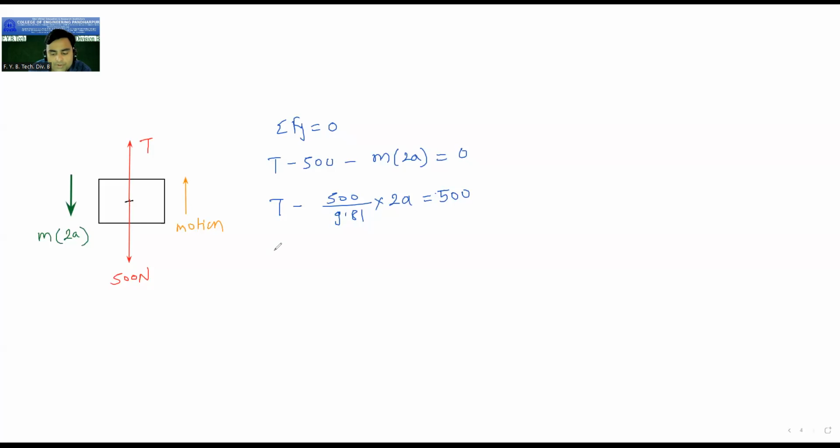Right. So what is this equation now? It will be T minus, with your calculation, 101.93A is equal to 500. Is it right? Yes. Solve equations 1 and 2.